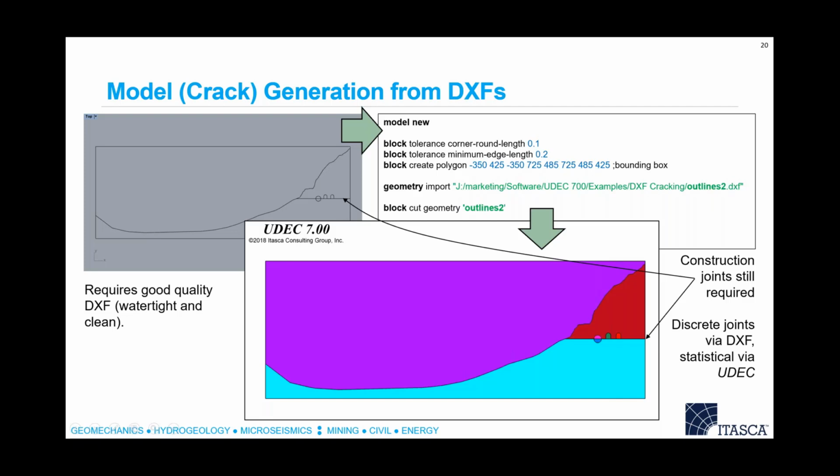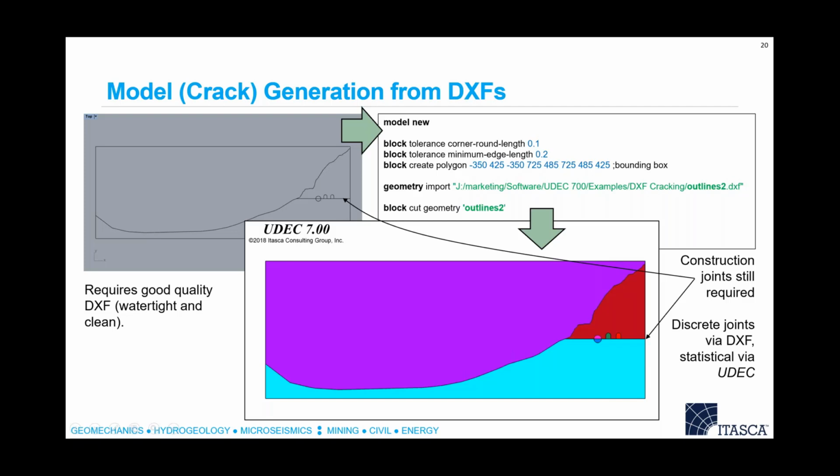We can see that we've created a number of blocks. So we could then simply delete this block above and continue on modeling. In this example, there's a video of it. We add a whole bunch of jointing and Voronoi here into the slope, and see the stability of the slope.